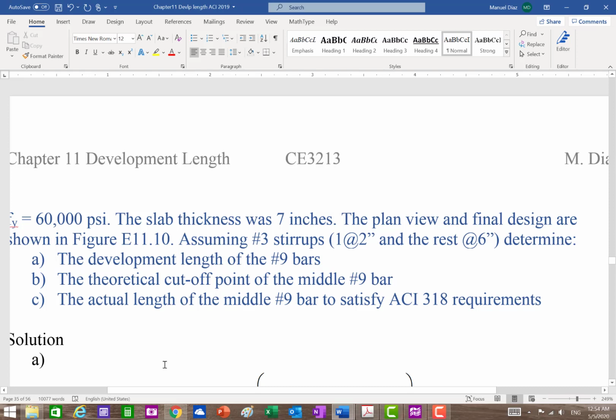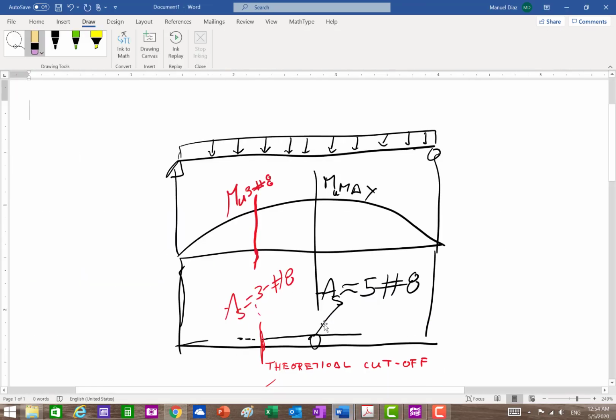Even though this one is a positive diagram, what we're asking is: first, find the development length; second, find the distance to the cutoff point; and then find the actual cutoff length. So that's what we're looking for.